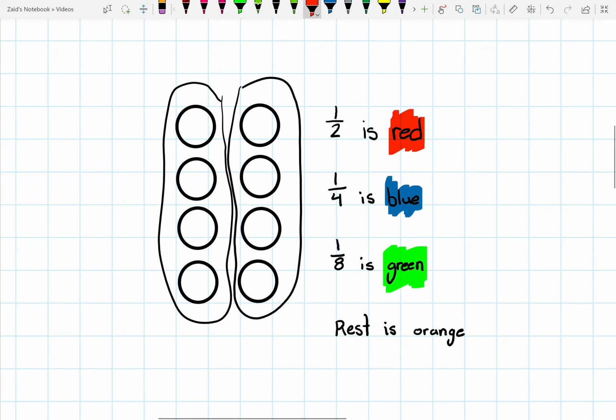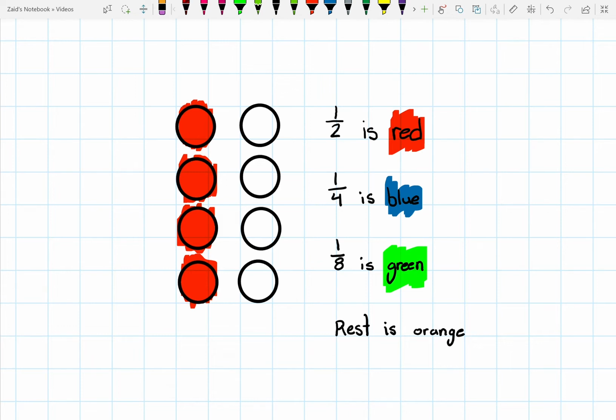Now I would only have to shade in one of those groups red. So I'll pick this group, and I'll shade in these 4 marbles. That's 2, 3, and here's the last one. Okay.